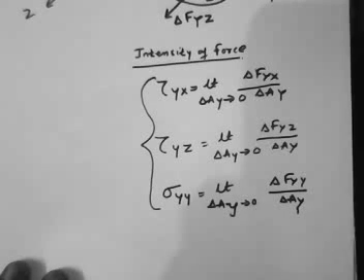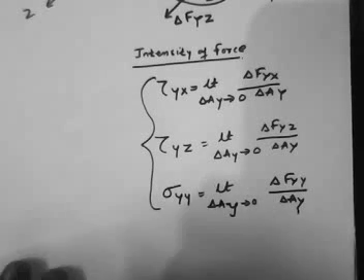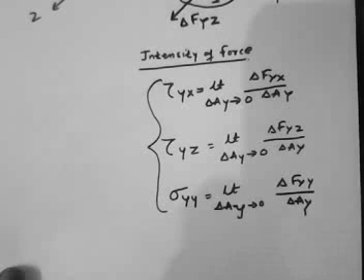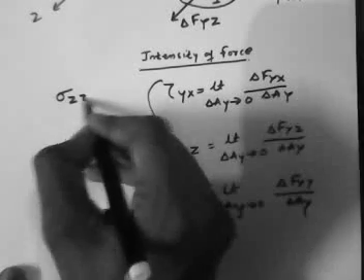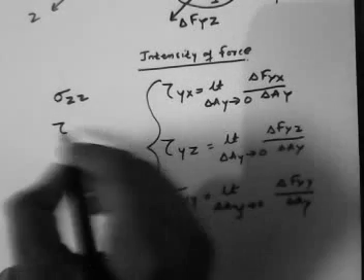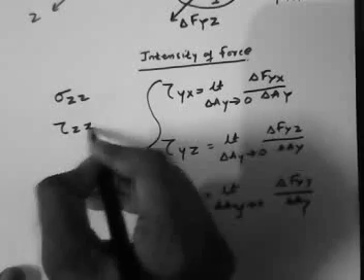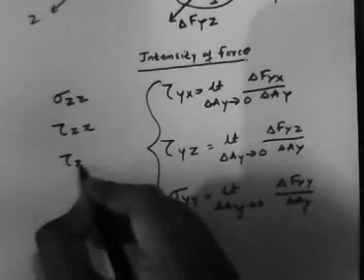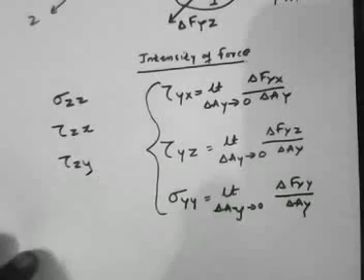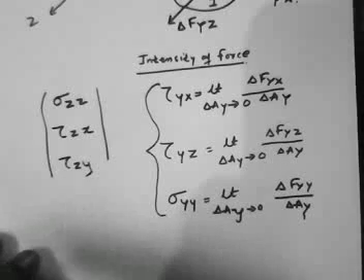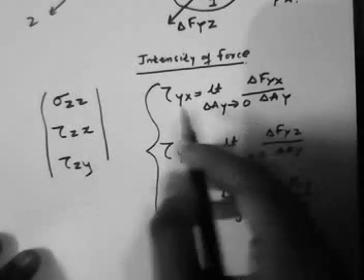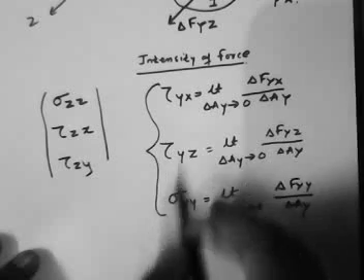So when we cut the plane perpendicular to the y-axis, we get here also the 3 components of the stress vector. Another plane that is remaining: if we cut the plane perpendicular to the z-axis, we also get 3 components, like sigma z, that is tau zx and tau zy.